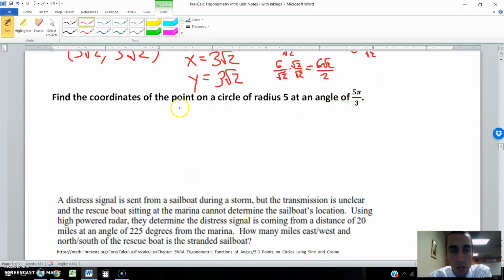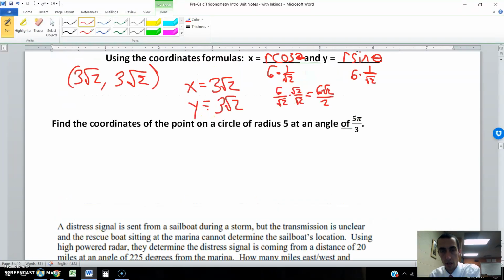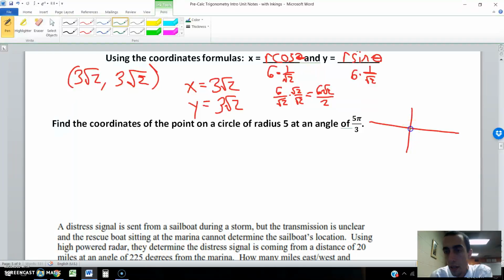For this one, we're going to use the same formulas, r cosine theta and r sine theta. First, let's draw our angle. Initial side, 5 pi over 3 is 300 degrees.